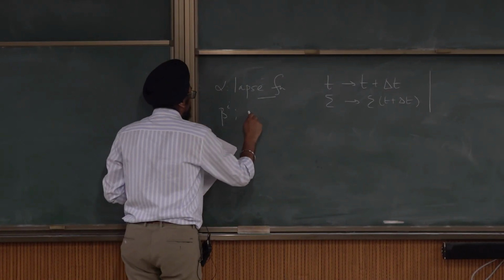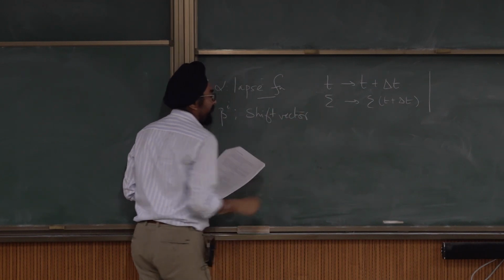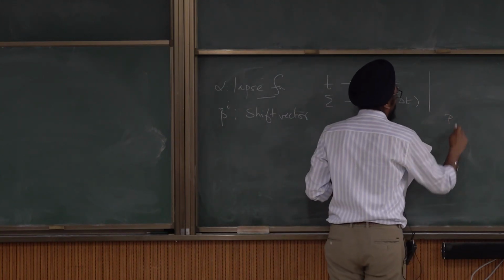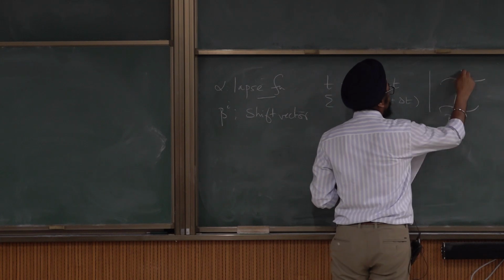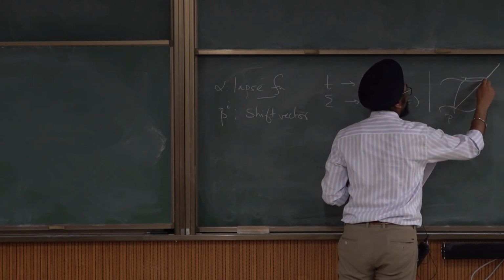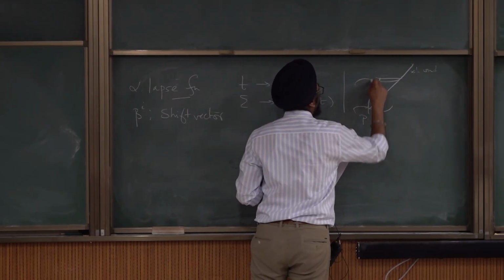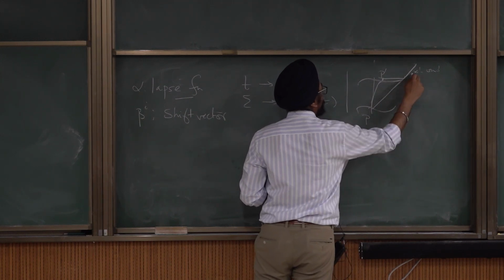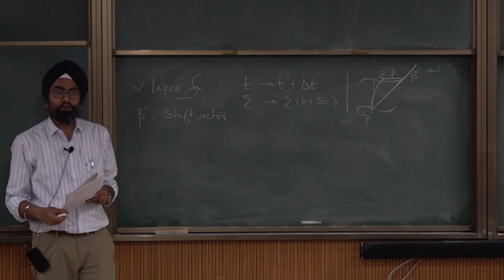Beta i is your shift vector. It tells you that when you take a point P and go from one surface to another, this point P will not go to the same point, so you have to shift it to come back. If this is the x i equal to constant line, this would be your evolution in time. It will take you from P to P prime, but if you want to get back, you have to shift your P accordingly. It depends on your foliation.